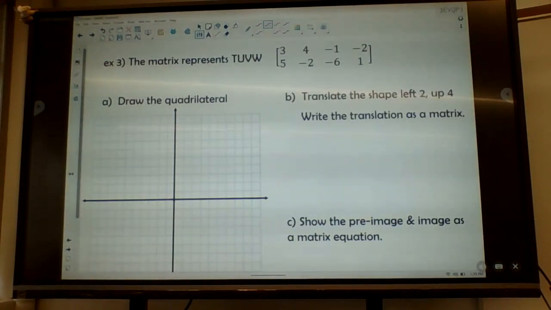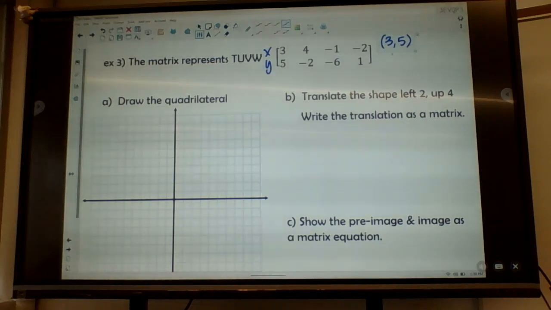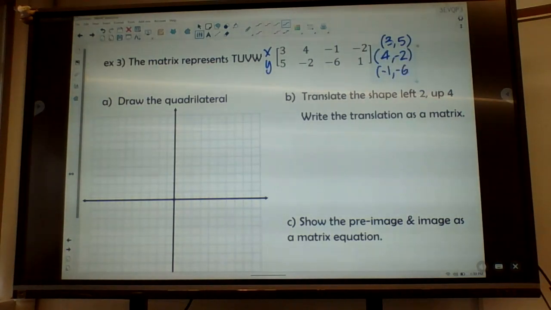So if you guys see this matrix, hopefully you would realize that what it's probably telling us is the X and the Y. They're giving us these coordinate points. So for instance, our different coordinate points are 3, 5, 4, -2, -1, -6, and then -2, 1.